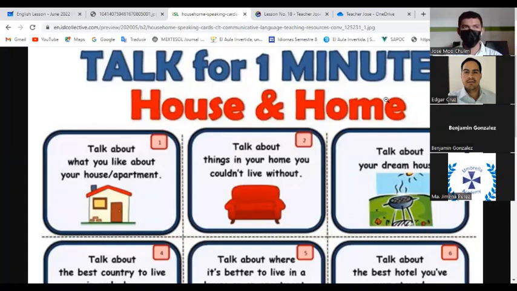One of my favorite architects is a Nigerian guy. The structures that this guy made are absolutely amazing. So probably one of my dream houses is to have one of the designs that this architect made.